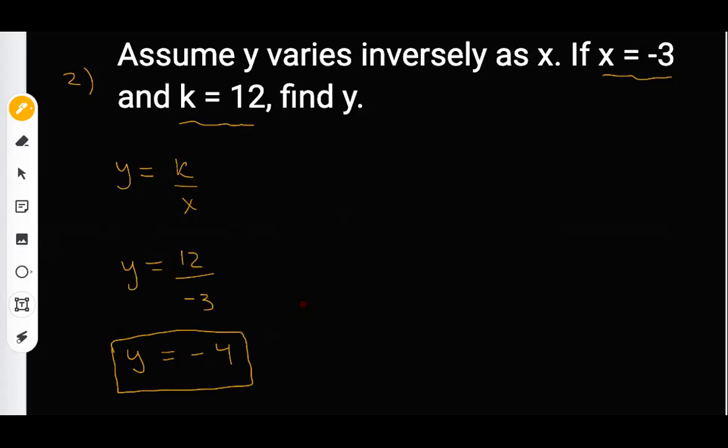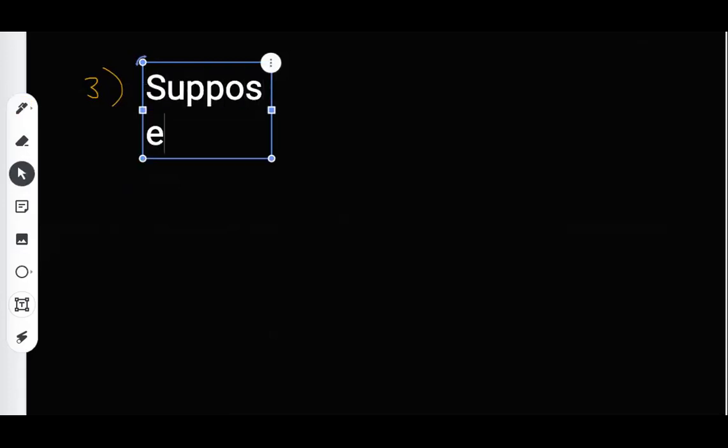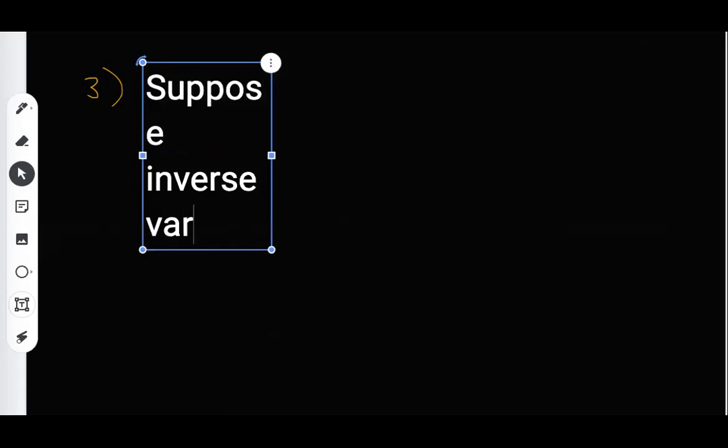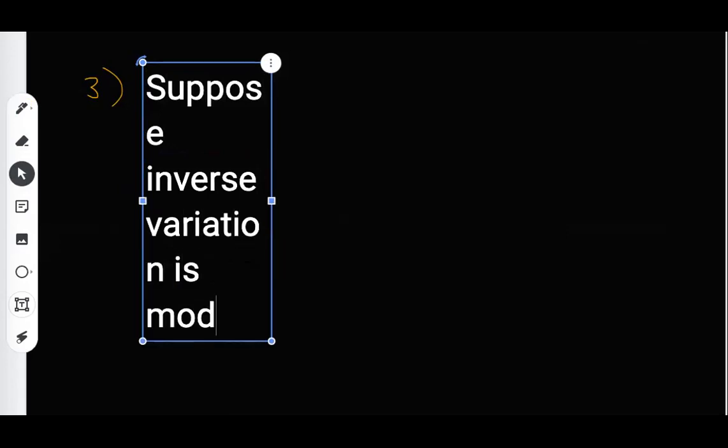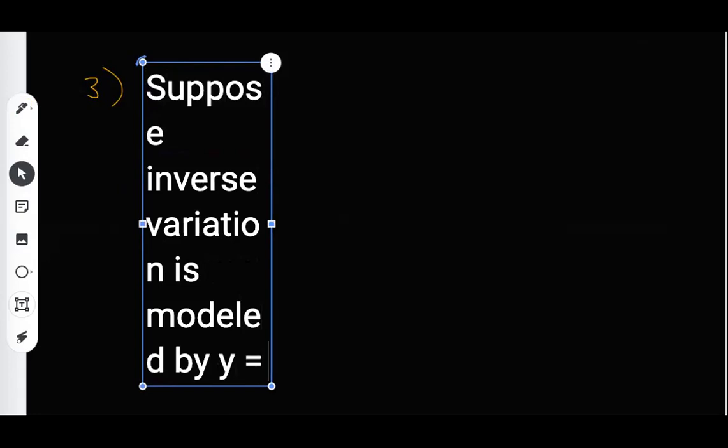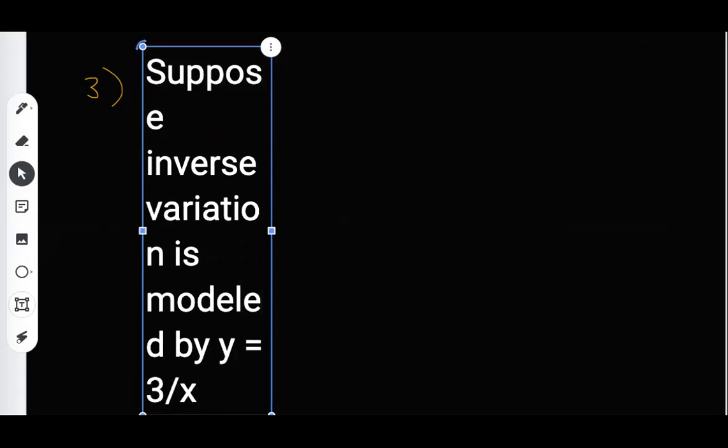Okay. Let's look at number 3. So 3 says, suppose inverse variation is modeled by y equals 3 over x.